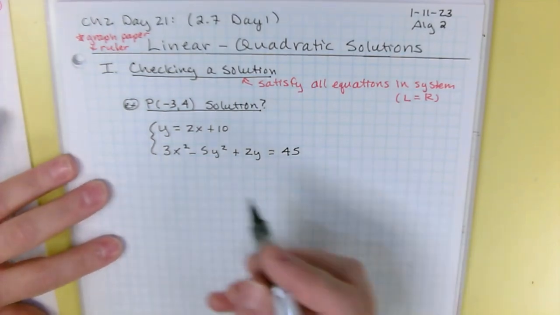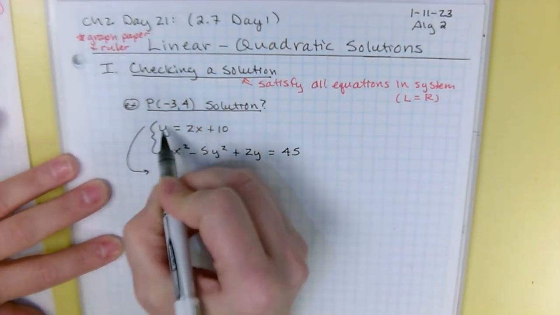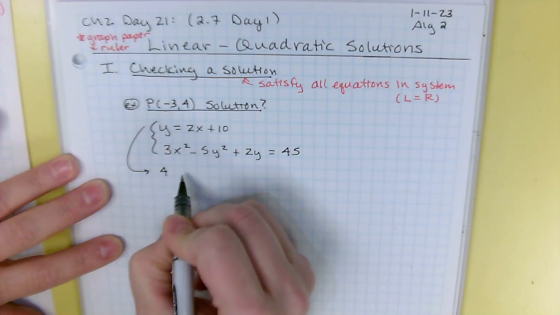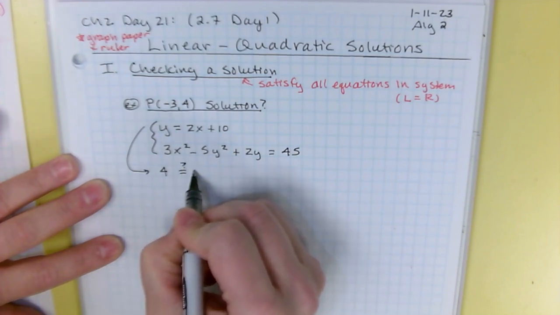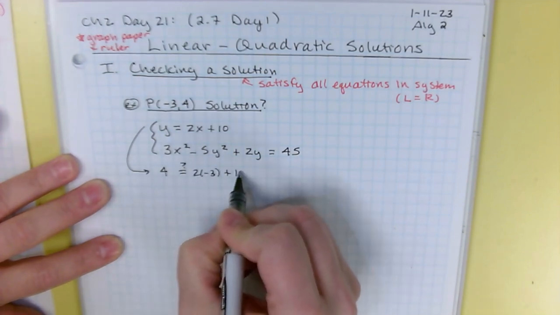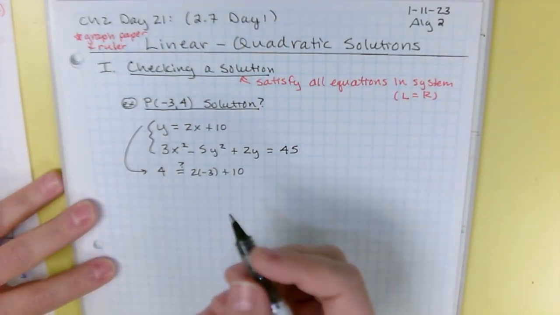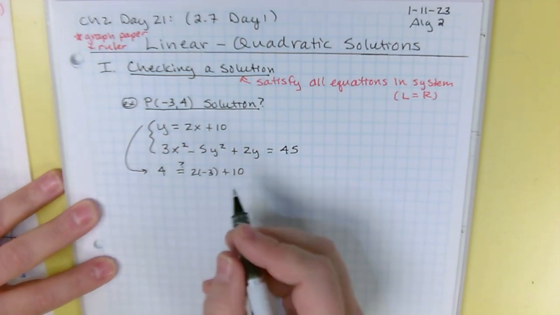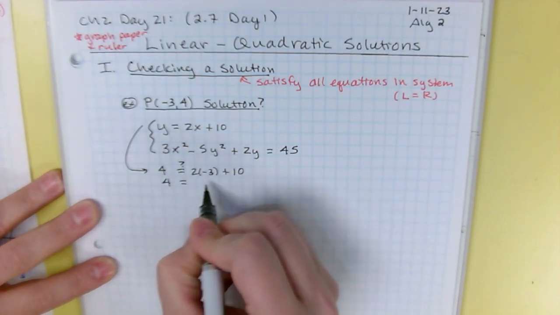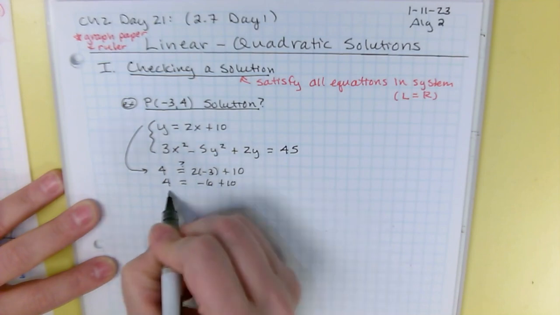So if we do it into the first equation, substitute 4 for y. Does 4 equal 2 times -3 plus 10? You always do the easy one first, because if you're going to find a problem, better to do it on an easy one. -6 plus 10 is 4.